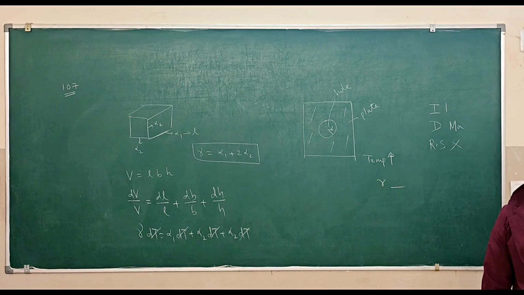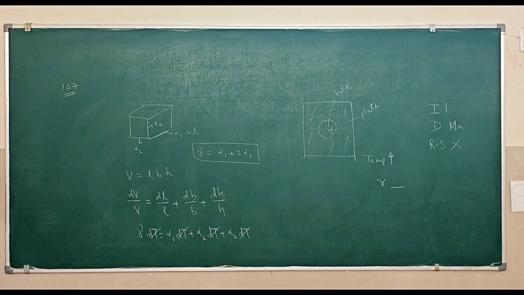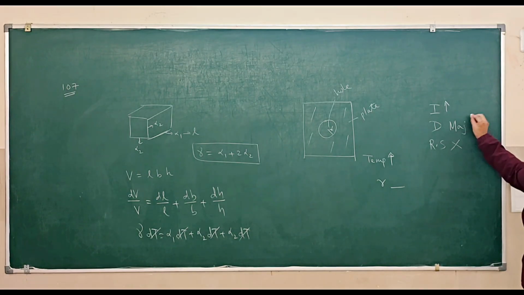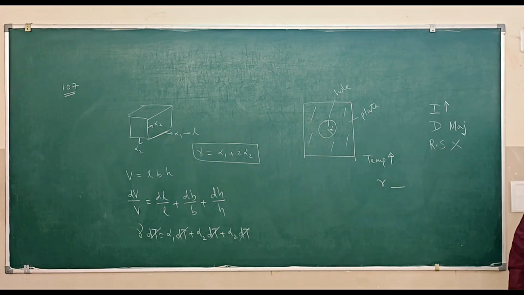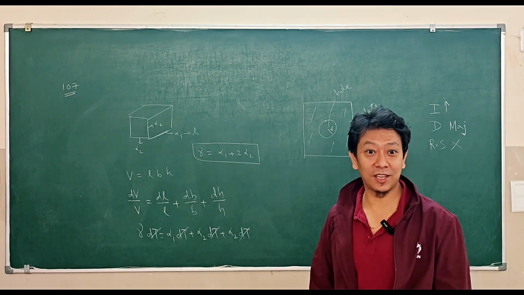He is that fellow who will go to the BJP meeting also, Congress meeting also. How many say increases? 1, 2, 3, 4, 5, 6, 7. So majority says decreases. Luckily physics is not politics, otherwise majority would decide.